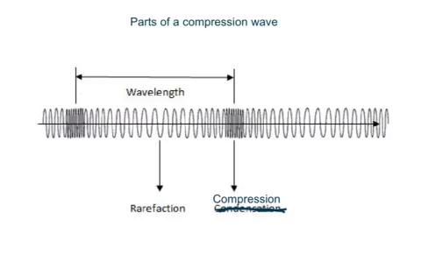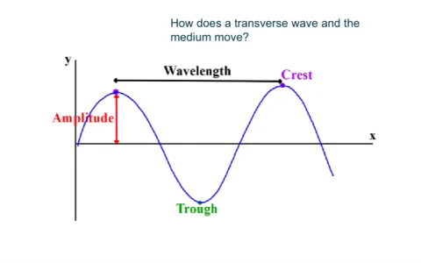So between compression, and then your rarefactions, think that there's less, that's rare to have the links, whereas compression, you're pressing them together more. And you have your compression wave. These are what we usually consider kind of like our sound wave. They're pressing through something.